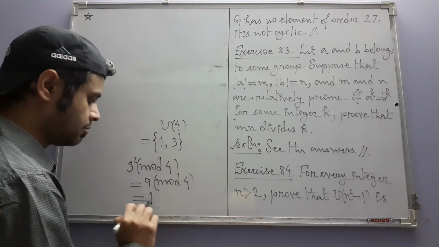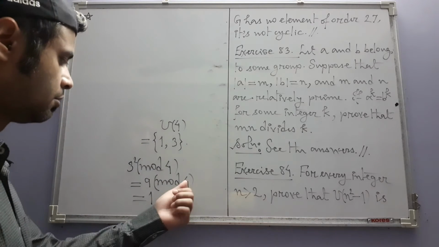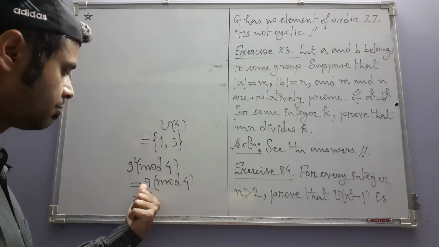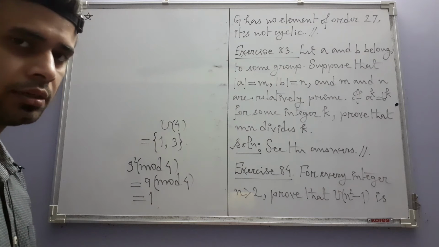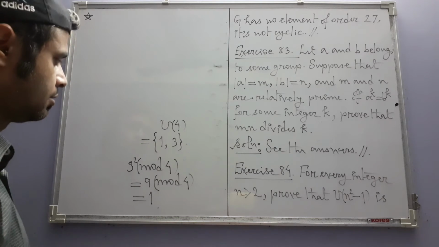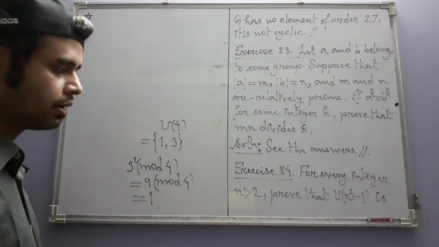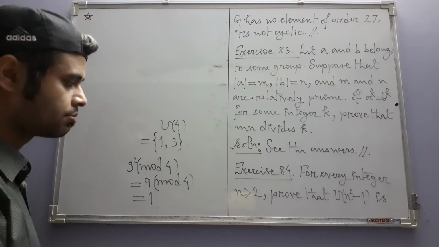And this is 1 because 4 times 2 plus 1 is 9, so when we divide 9 by 4 the remainder is 1, and that is the answer. So in this group 3 square is 1, like that, U(n square minus 1).